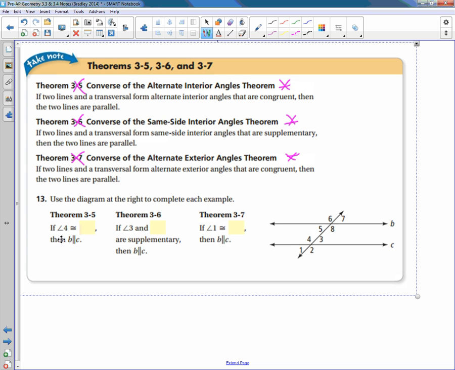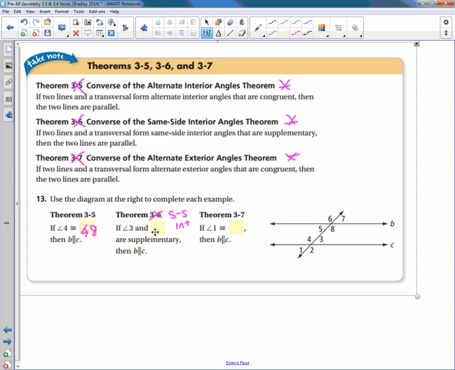All right, so looking at theorem 3.5, which we know is the converse of the alternate interior angle theorem, if 4 is congruent to blank, B is parallel to C. Well, what would be the alternate interior angle? It would be angle 8. Very good. Now, 3.6, which we know is going to be the same side interior angle.